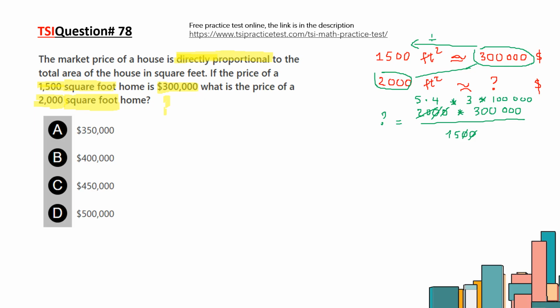Now 15 is 5 times 3. I cancel that 3, and cancel that 5. Now I have 4 times 100,000, that is $400,000. And the answer is B.